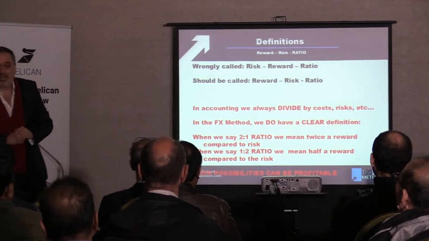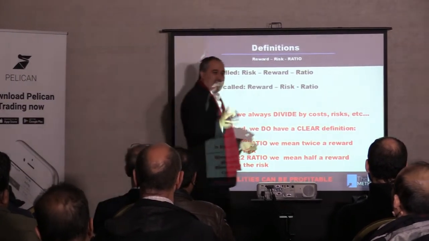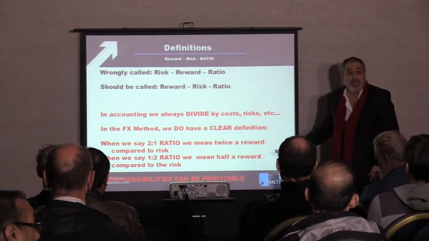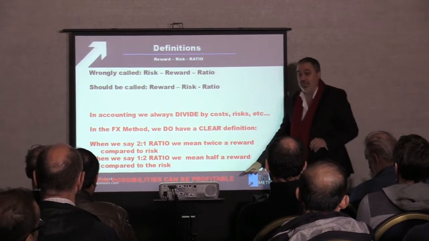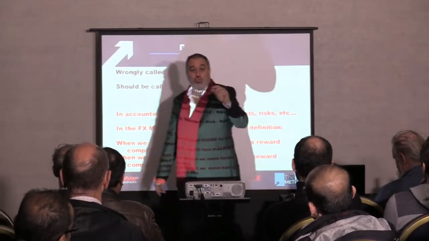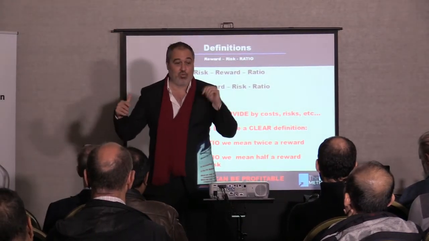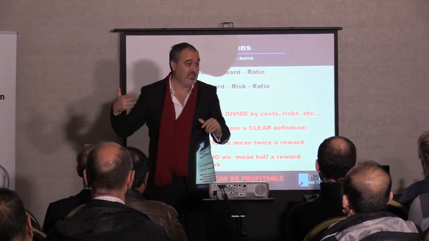You understand that? I'm trading everything. I trade trend systems, I trade scalpers, everything. It's logical. So both possibilities are profitable. I can have 2-to-1, 1-to-2 systems, 3-to-1, 1-to-3 systems, 4-to-1, and 1-to-4 systems.